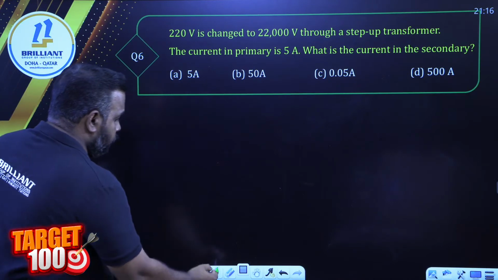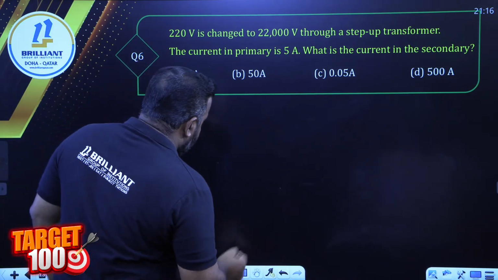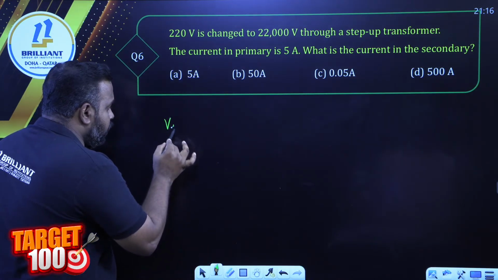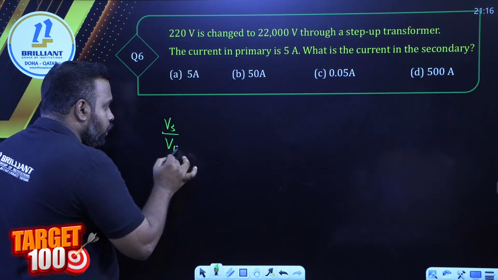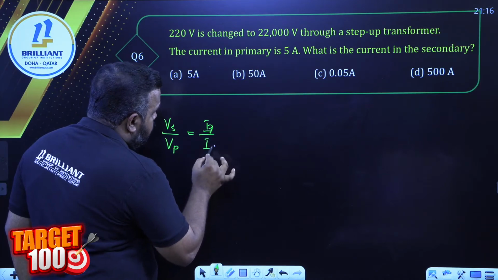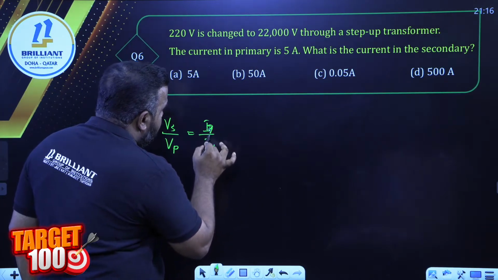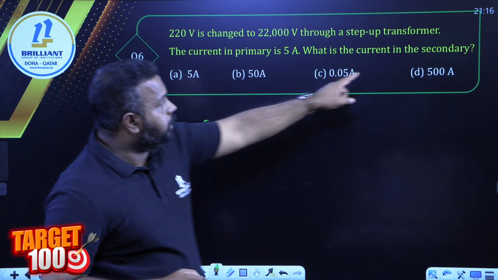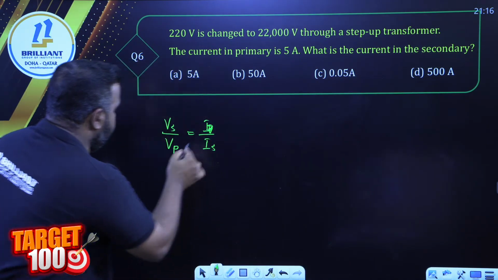So what is the formula? If efficiency is 100%, what can we write? Vs by Vp is equal to Ip by Is. You can comment your answers, calculate it quickly. What we have to find is the current in secondary, that means Is.